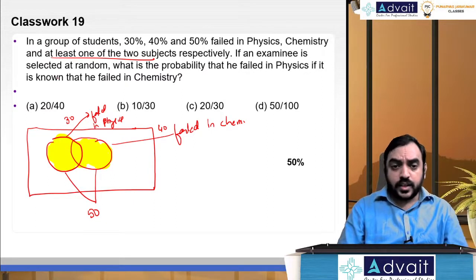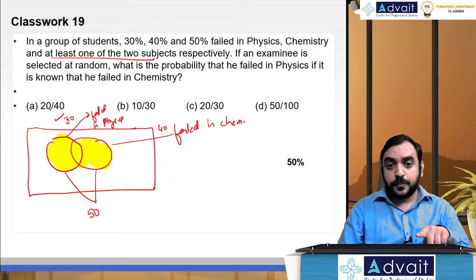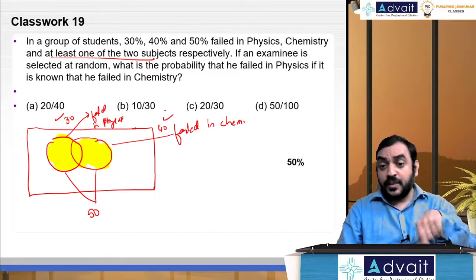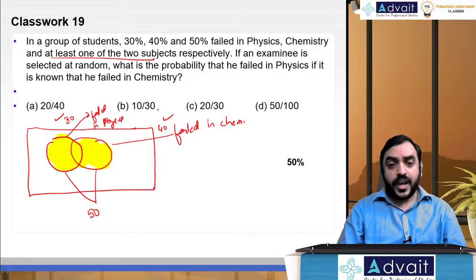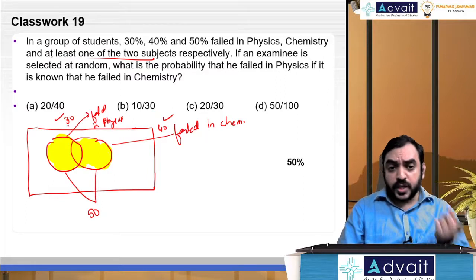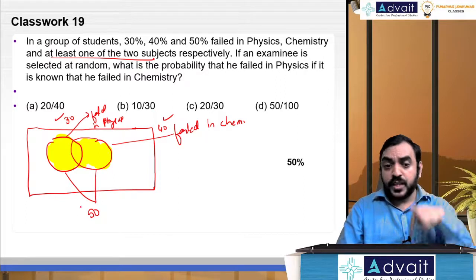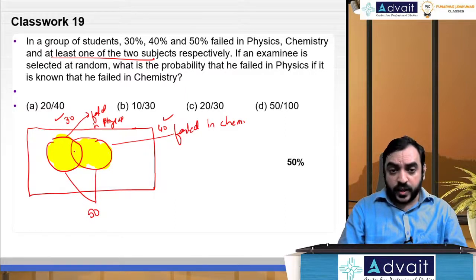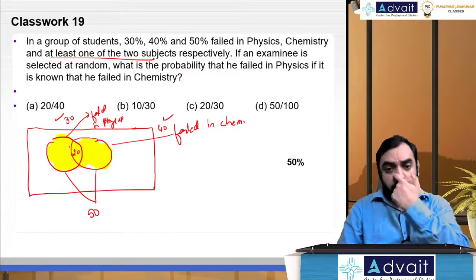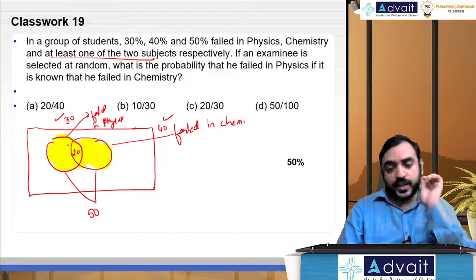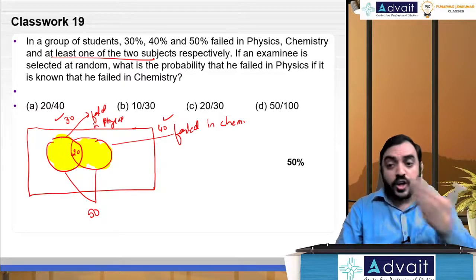30 in physics failed, 40 in chemistry failed, and 50 in both of them. So 30 plus 40, 70 should have come, but 50 is coming. That means 20 people are common. 30 plus 40 minus 50, 20 should be common. Or you can use the formula also.